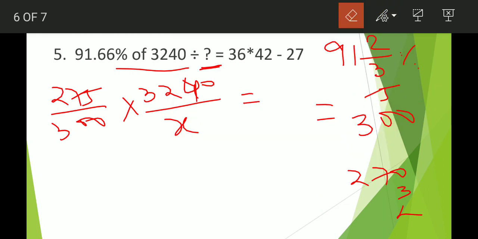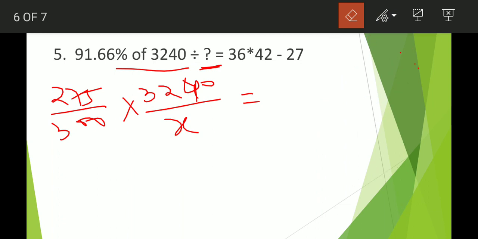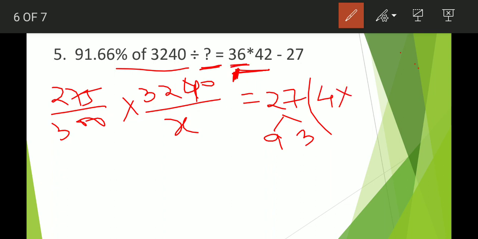Now from the RHS, what can we do? We can simply multiply and subtract, but that would be very calculative. So what can we do? We can take 27 common. We can observe that 27 is composed of 9 and 3, the multiplication of 9 and 3. From the first term, 36, if we take 9 as common, we are left with 4, and from the second, if we take 3 as common, we are left with 14, minus this 1.